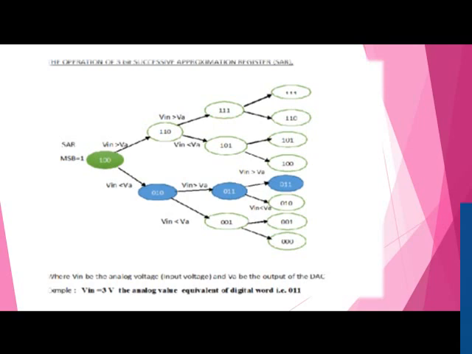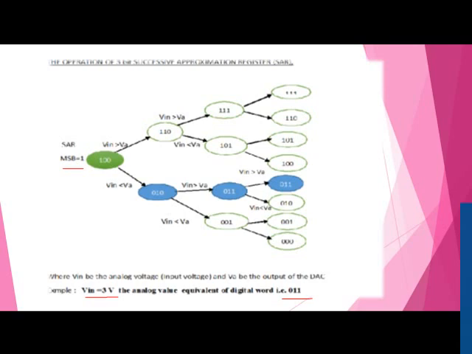In this slide, we are discussing the operation of the 3-bit successive approximation register, and how the SAR can be given a binary value corresponding to the analog value. For example, suppose a 3 volt analog voltage is given; how does its equivalent come out according to the algorithm?